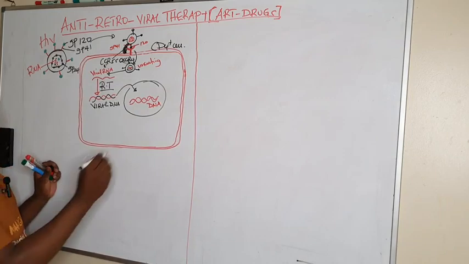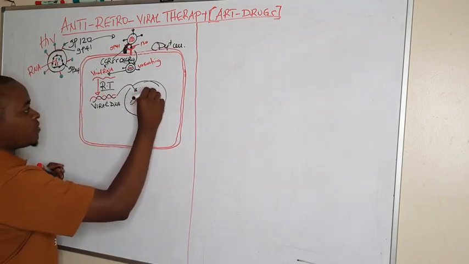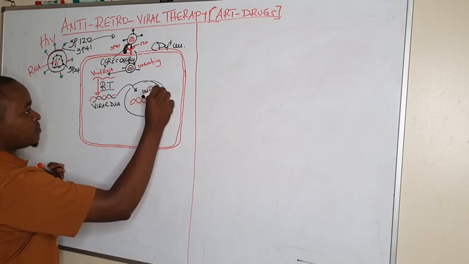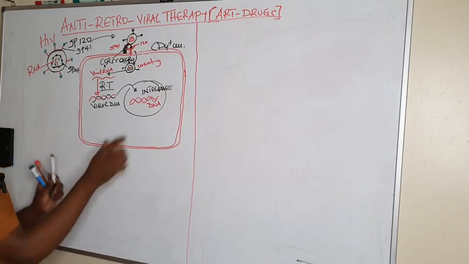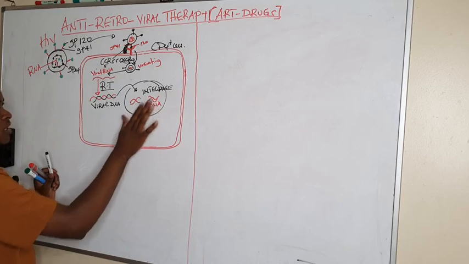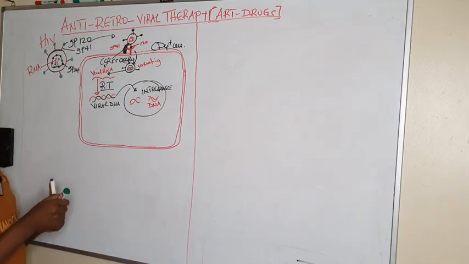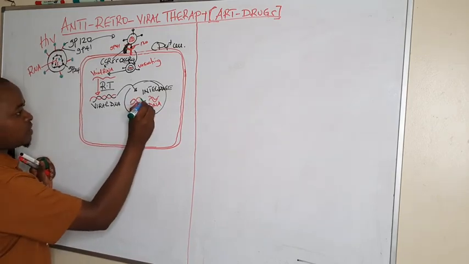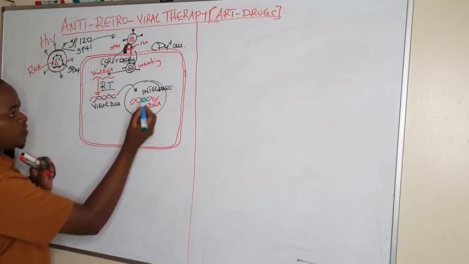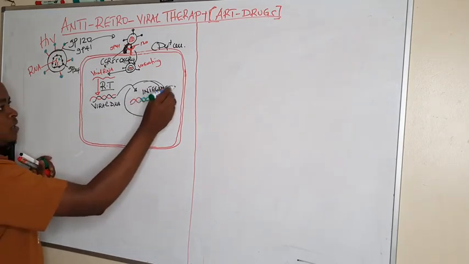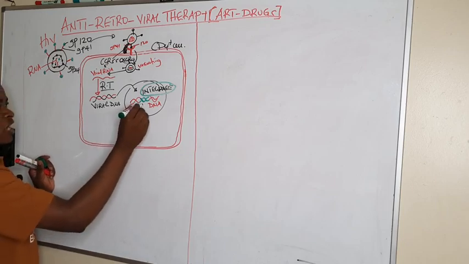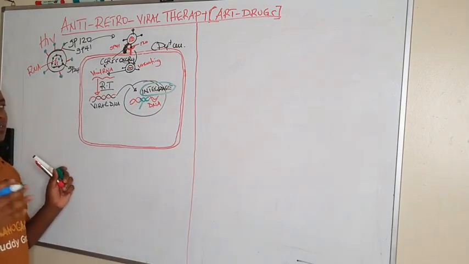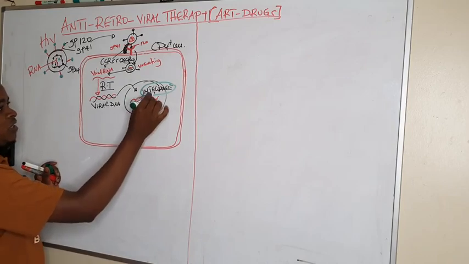And when it enters, with the help of enzyme integrase, this enzyme integrase cuts in the middle of the host DNA and incorporates the viral DNA. So the enzyme that is catalyzing the incorporation of the viral DNA into the host cell DNA is what we call integrase enzyme.